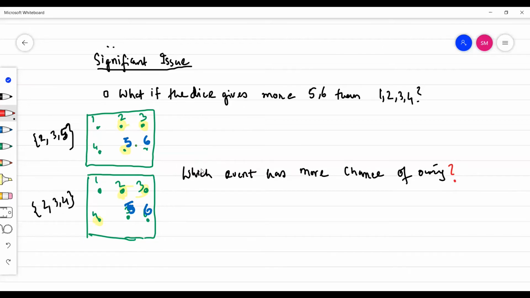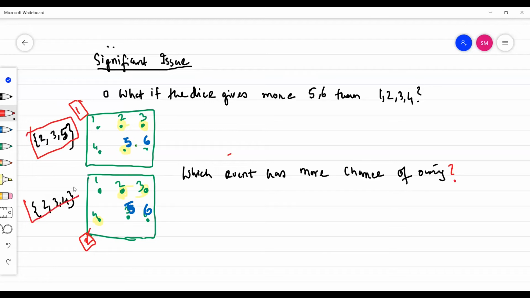Which event has more chance of occurring?